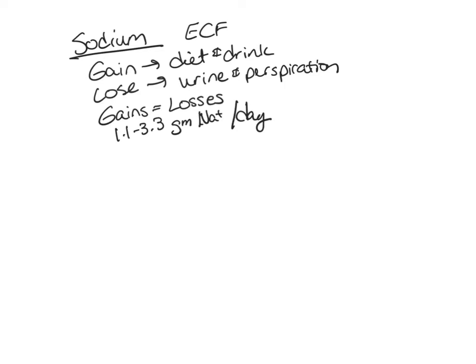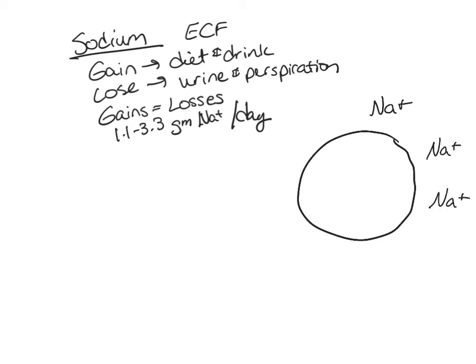In order to keep the sodium concentration constant, there has to be a gain or loss of water to keep it constant. So we have the cell and we have sodium. So we have a certain amount of sodium in the extracellular fluid. So we're not really trying to add and subtract sodium to keep the right concentration there.